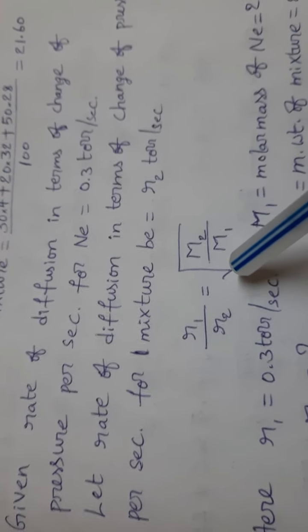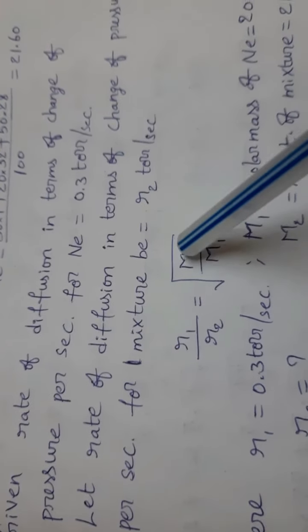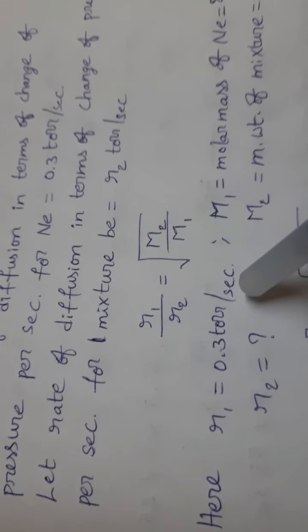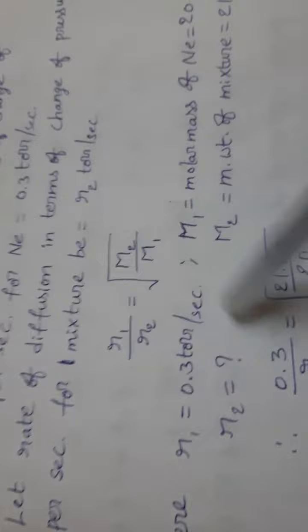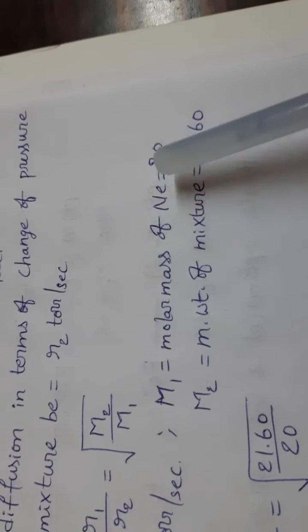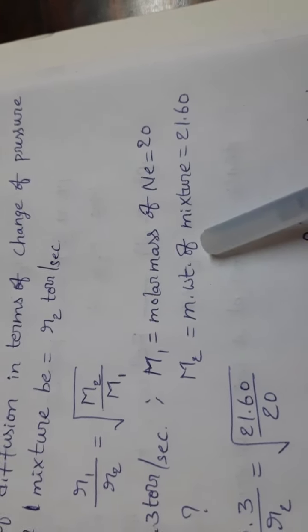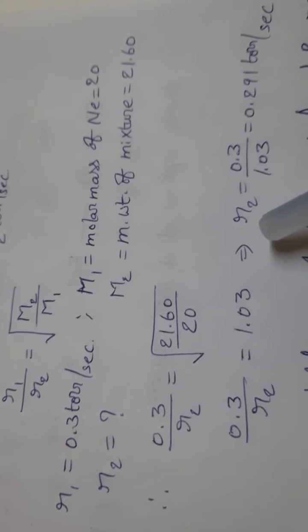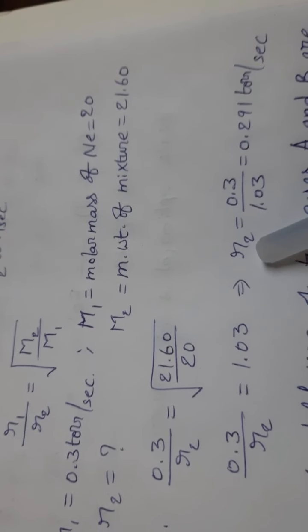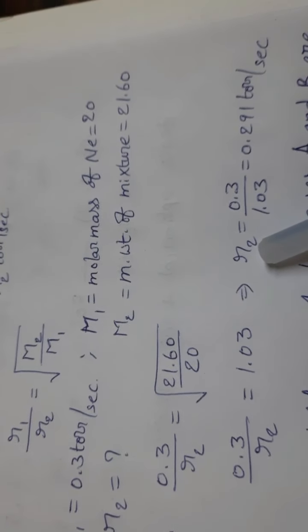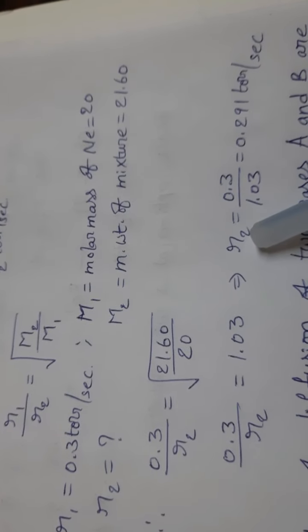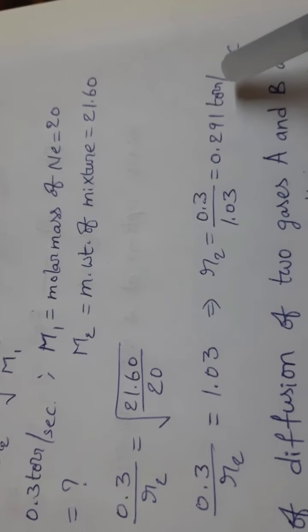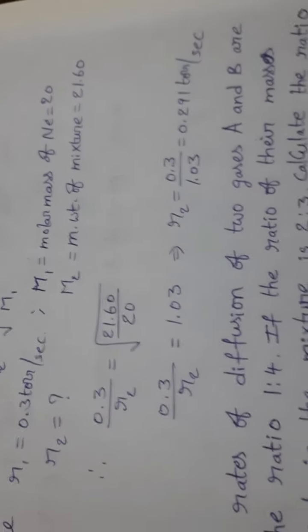So R1 by R2 equal to square root of M2 by M1. Here R1 means 0.3 torr per second. R2 we should find out. M1 molar mass of neon 20. M2 molecular weight of mixture 21.60. So substitute these values. From this, R2, rate of diffusion in terms of change of pressure per second for the mixture is 0.291 torr per second. Okay.